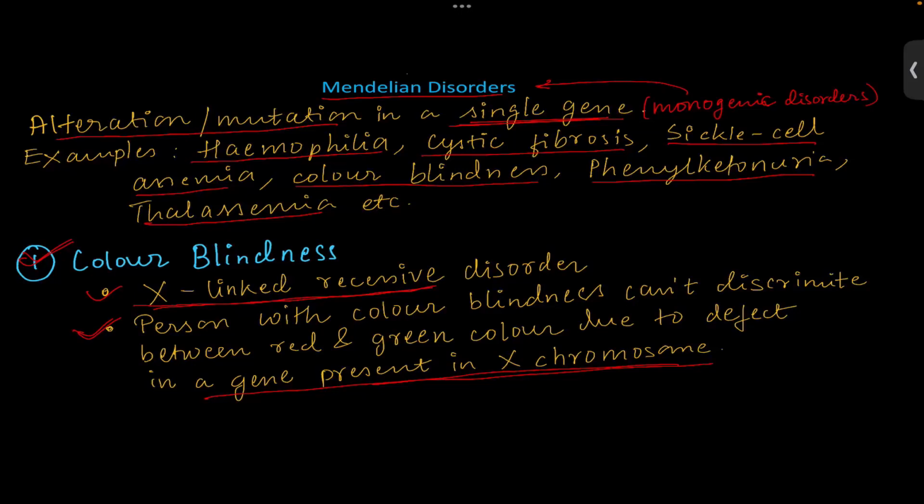The gene responsible for giving the cone cells that color discriminating capability is mutated and not at all functional. This gene is present on the X chromosome, that is why it is called X-linked, and the mutant allele is recessive in nature.